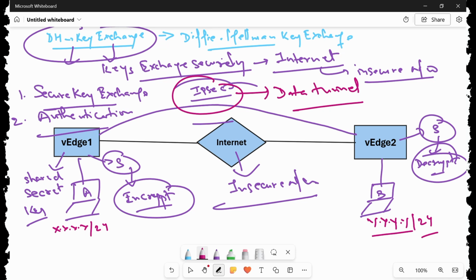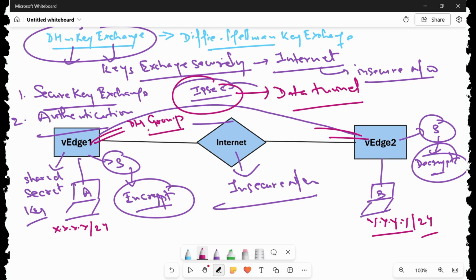So how does this Diffie-Hellman work? During the tunnel establishment between these vEdge routers, the two vEdge routers agree on some parameters, which include the DH group.